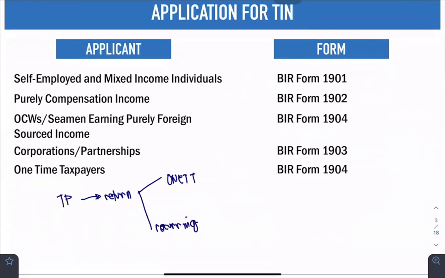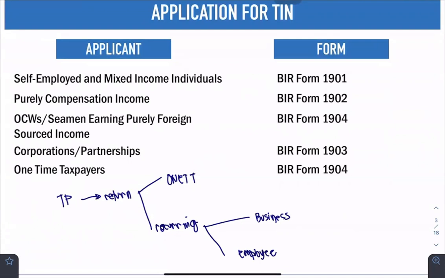If that is recurring, you need to determine whether the recurring is because the taxpayer has a business, or the taxpayer is an employee.